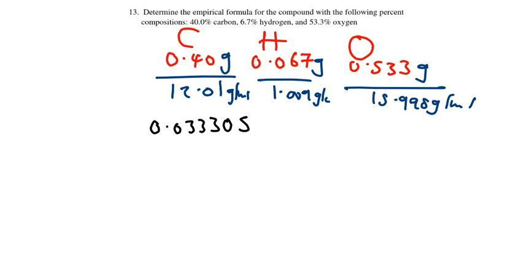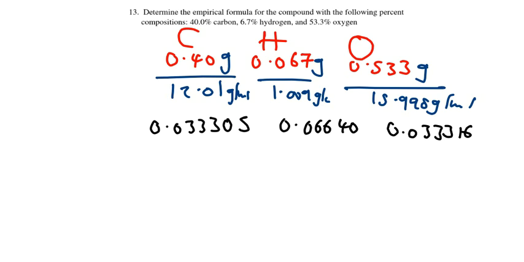The next one, 0.067 divided by 1.009, is 0.06640. Then 0.533 divided by 15.998 is 0.0333.